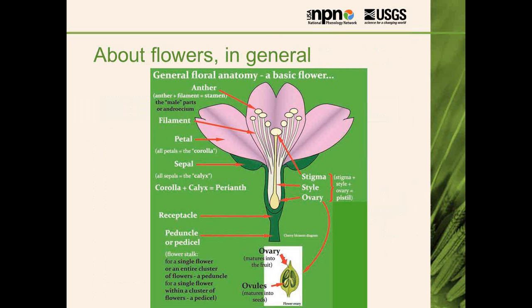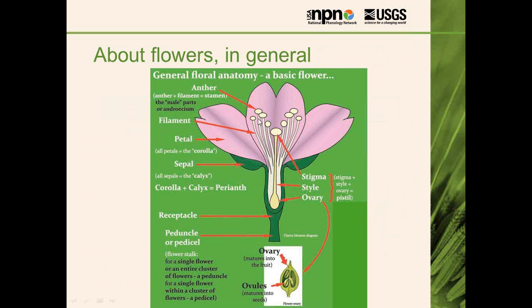But to run through the basic anatomy, they normally have 4 different arrangements of flower parts. There'll be sepals, which you can see here in the green, which are protective parts for the flower bud. Then the petals, which are the showy parts of the flower, serve to attract pollinators. And then there are the male and the female reproductive parts.